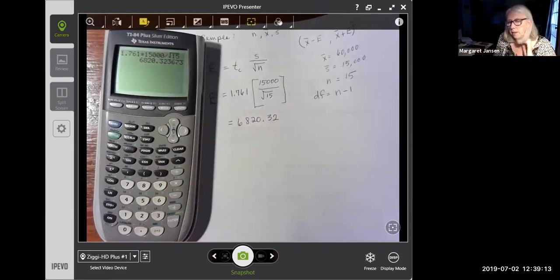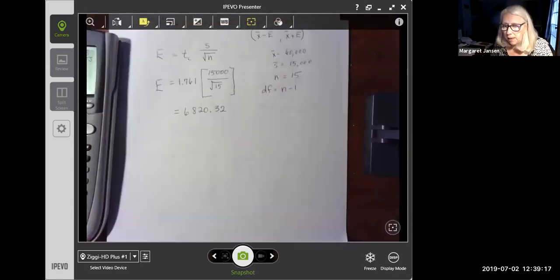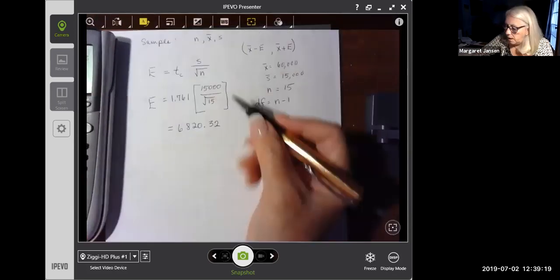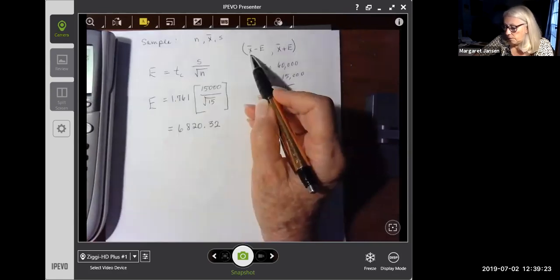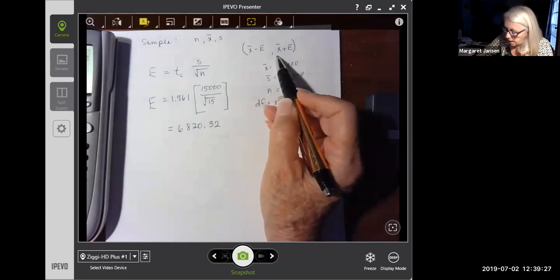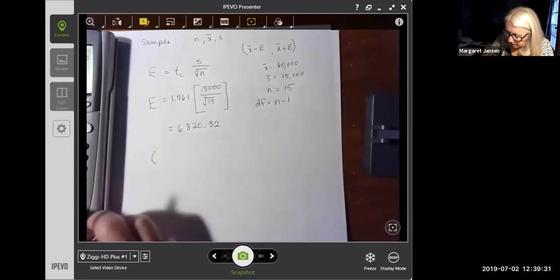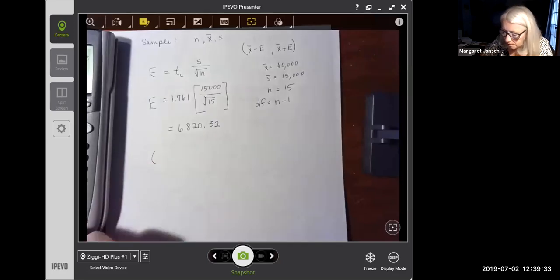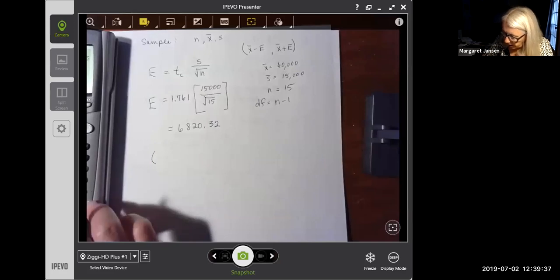All right. Once I've calculated the margin of error, then again, the confidence interval goes from the center, which is X bar, minus E, up to the center plus E. So that would be on the low side, 60,000, and I'm doing that on my calculator over here, minus 6,820.32.